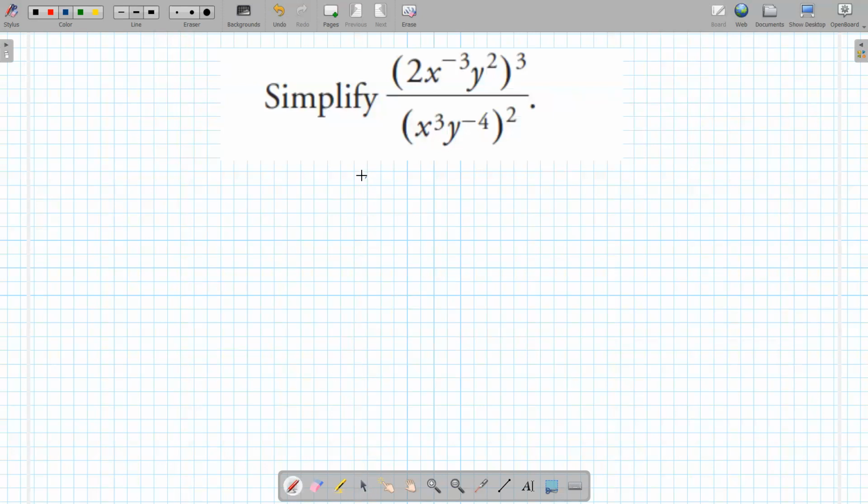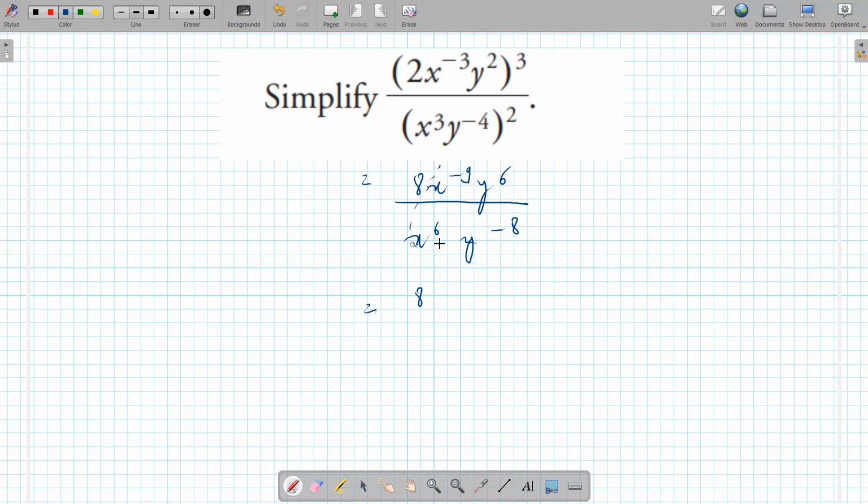What do we get? 8x to the power of negative 9 and y to the power of 6. Right, and on the bottom you get y to the 6, y to the negative 8. So 8 is there. That's the only number, so we can't do much with it.